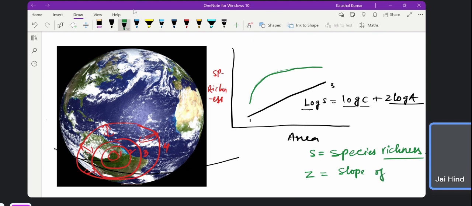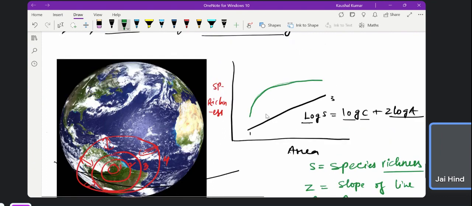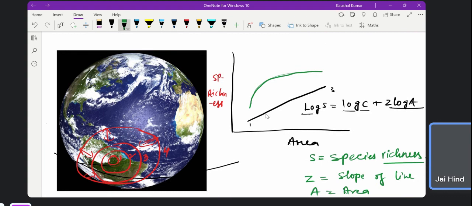And A is area. And C is the y-intercept. This is all about the values S, C, Z and A.